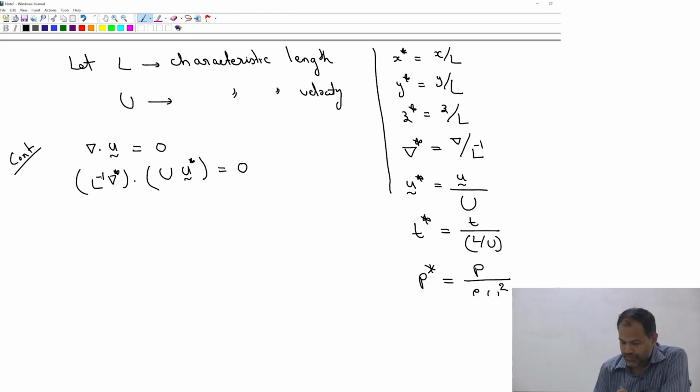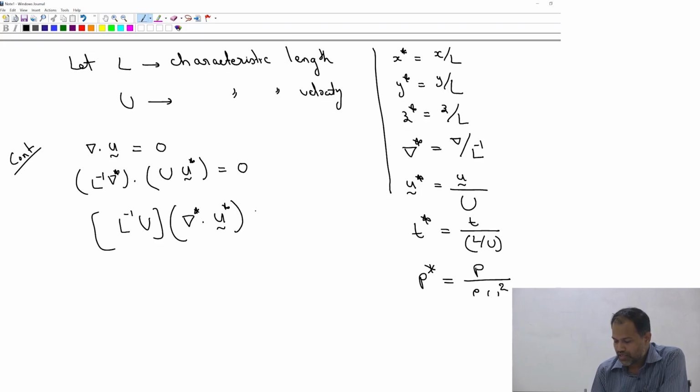So that means L inverse u into grad star dotted with u star is equal to 0. L inverse and u are like numbers that we have chosen in the problem, which can't definitely be 0. So it simply says that del star dot u star is equal to 0.